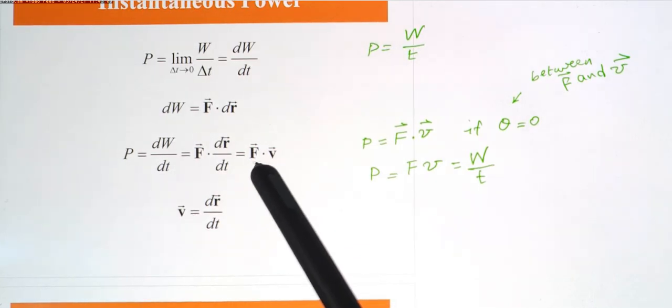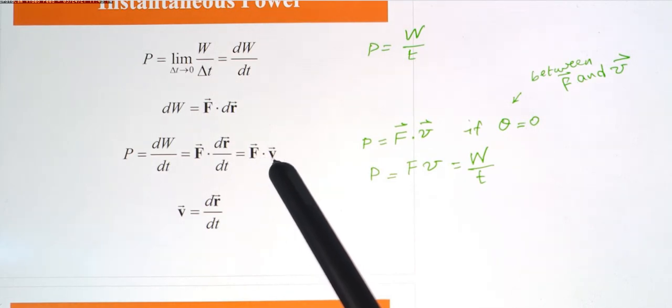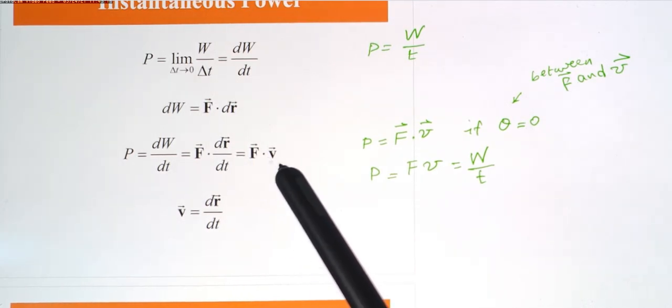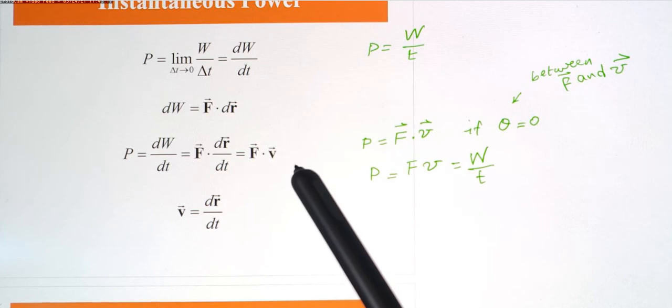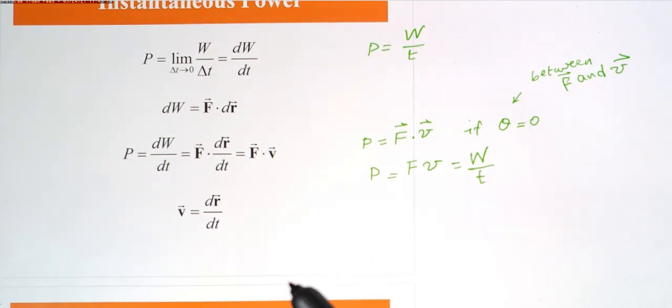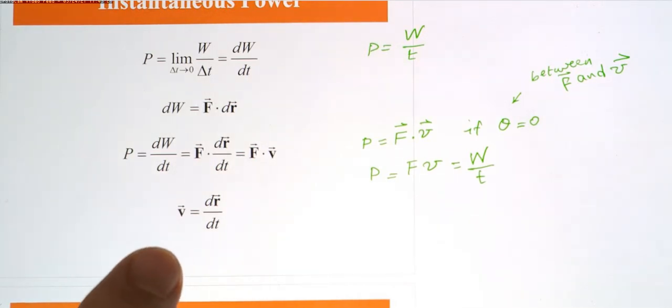So again, we have a dot product, F dot V, and if the angle between them is 0, power is Fv. Clear? So not only work over time, it is force multiplied by speed.